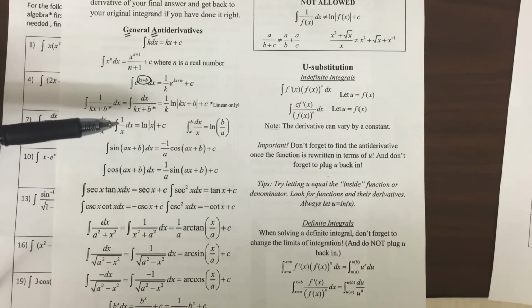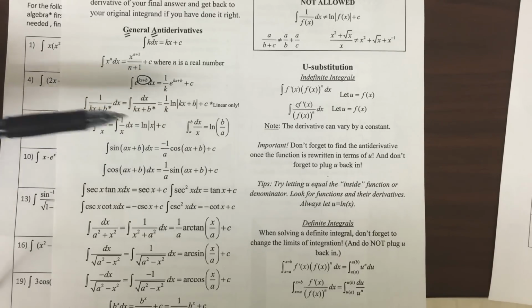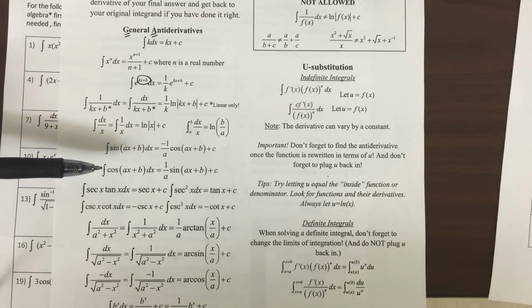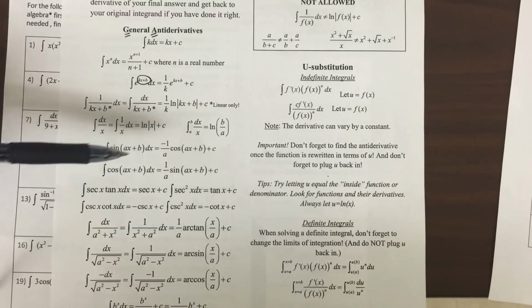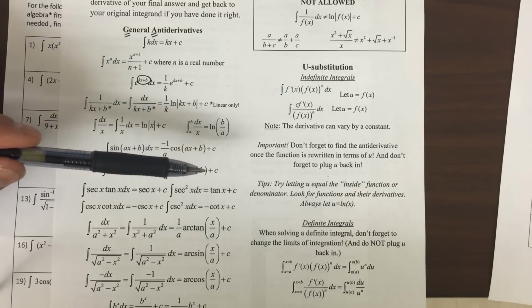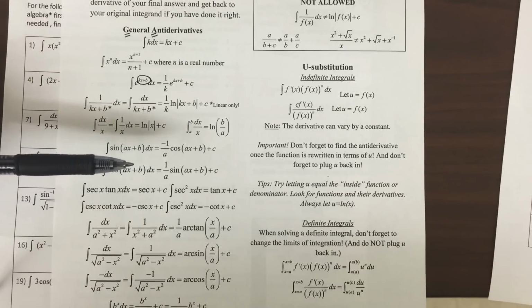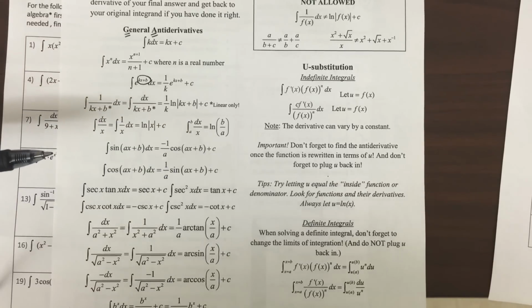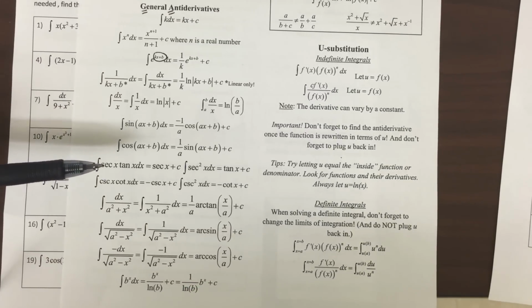Now that's negative because the antiderivative of sine is negative cosine, and that's why there's a negative in the front. The antiderivative of cosine of ax plus b is the same thing. The antiderivative of cosine is sine, so sine, and then keep the inside the same. Multiply it by 1 over the derivative of the inside, which is a.